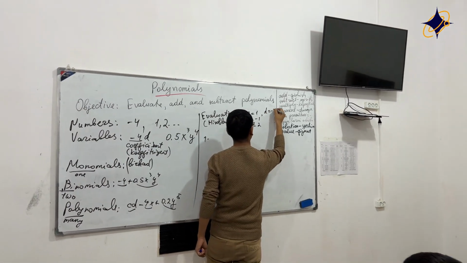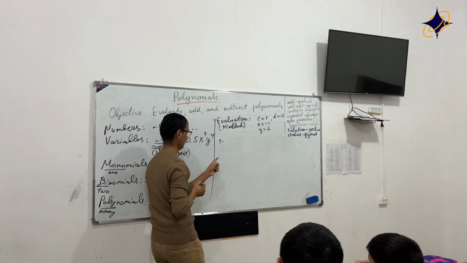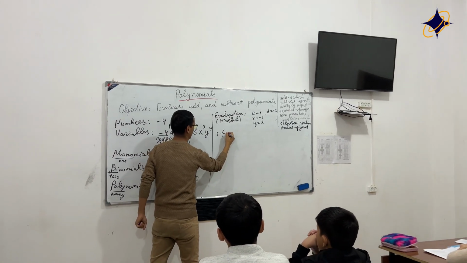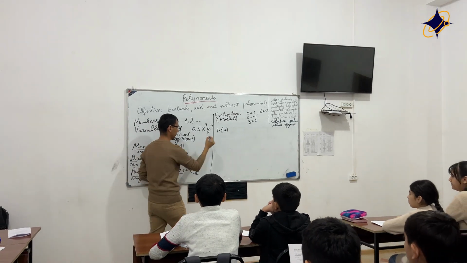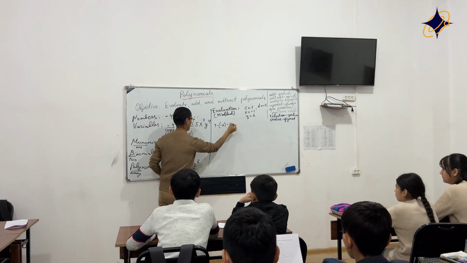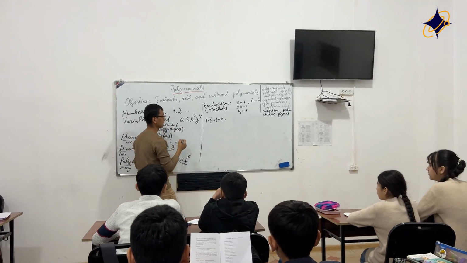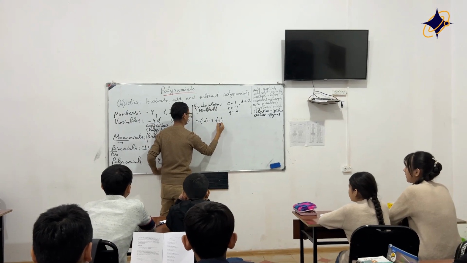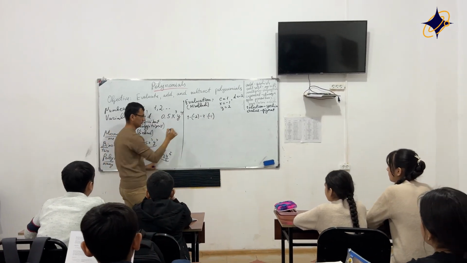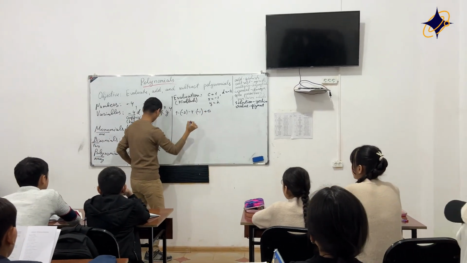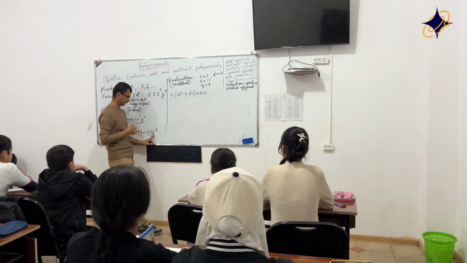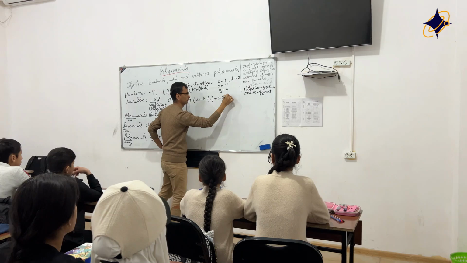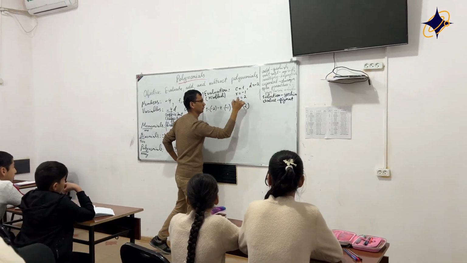D equals minus 2, for example. 1 multiplied by minus 2, and subtract minus 4 times x, minus 1. And then plus 0.2, and then y exponent of 5.